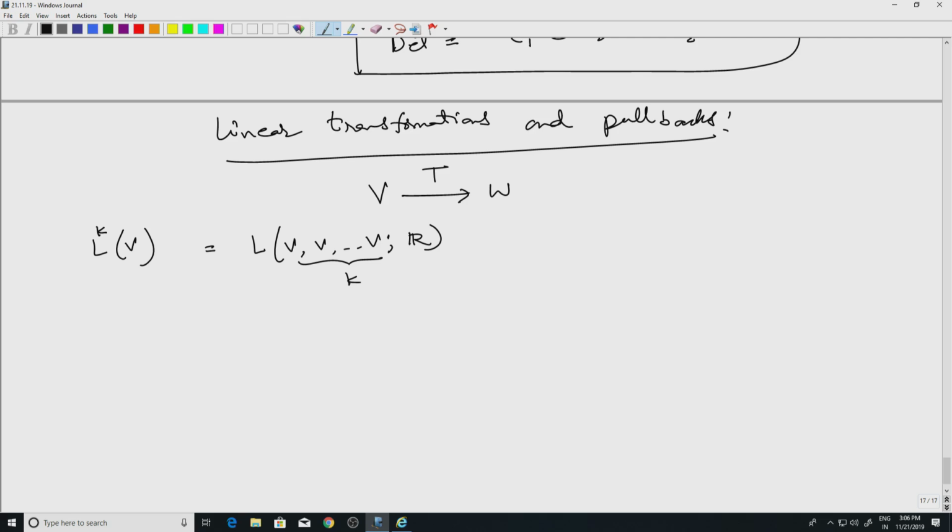So, and of course, V can be any vector space, same thing for W. Now what I want to talk about is that when I have a map of the underlying vector spaces, I can get a corresponding map from the space of multilinear maps on W to V. So, define T upper star, called the pullback map.